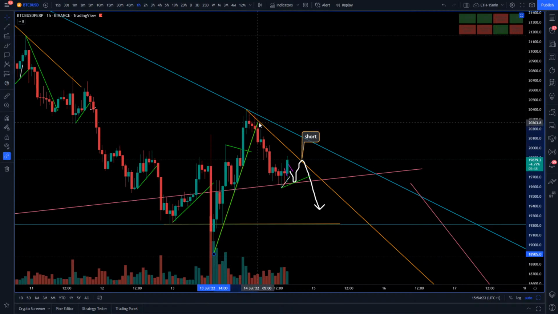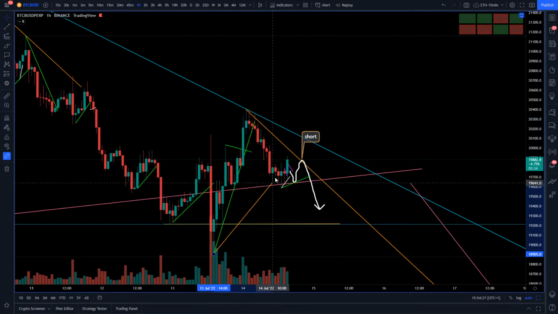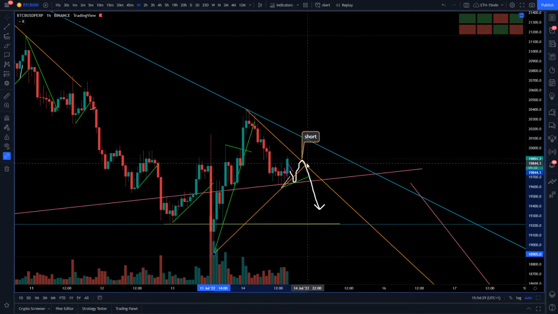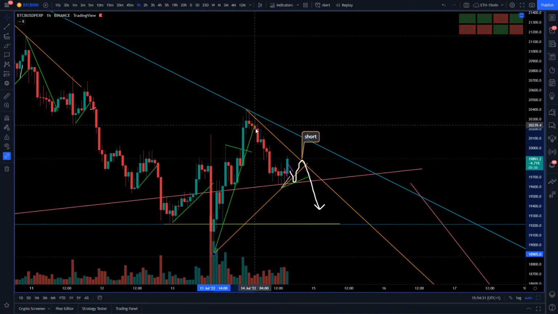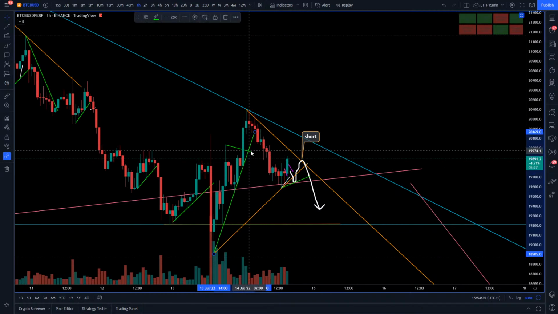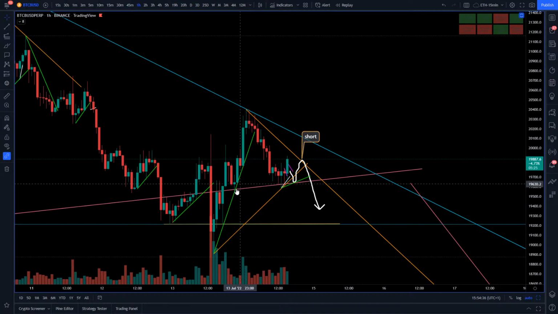Yesterday we had this line, which I am contemplating whether this is a daily or just 4 hour. I think that's just 4 hour, extended 4 hour. Extended 4 hour going up and 4 hour going down.